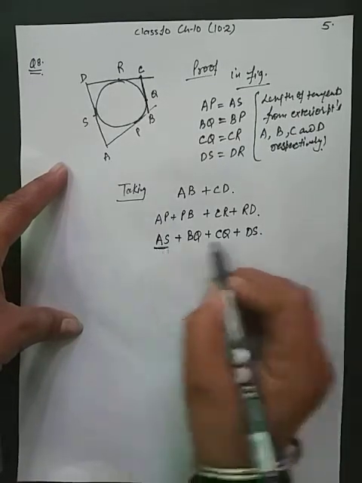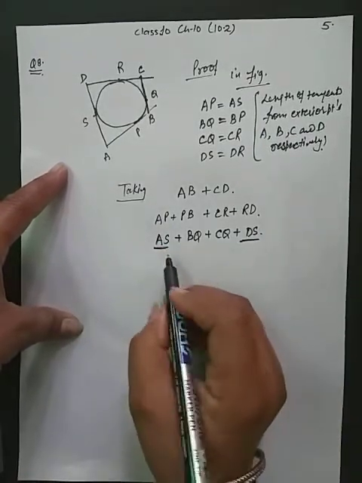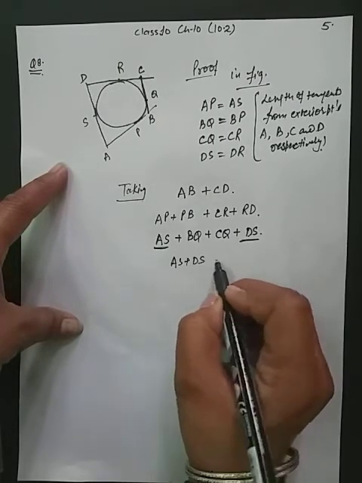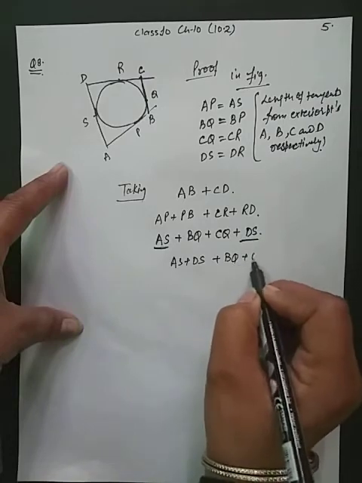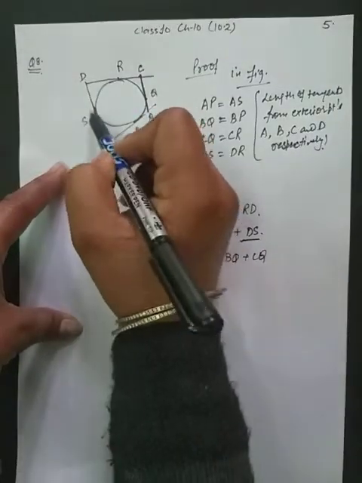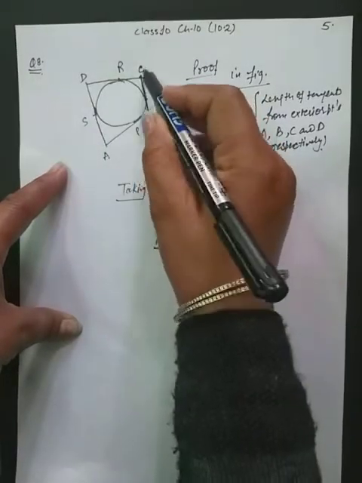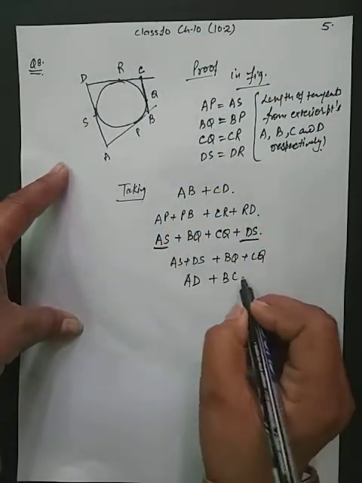So AS plus DS from figure gives us AD and BQ plus CQ is equal to BC.